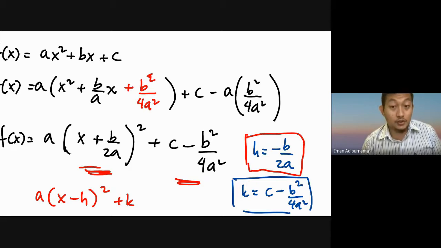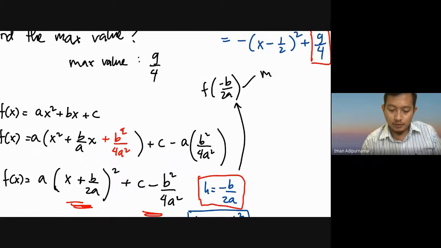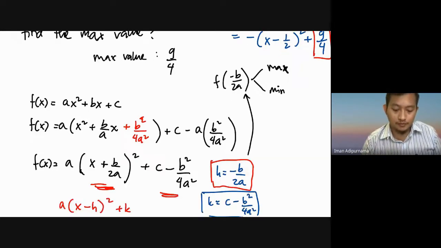So minus b over 2a is the vertex, and when you put the h inside the equation, this will be the maximum or minimum value. It depends on which kind of graph you have, so it can be a maximum value or a minimum value.